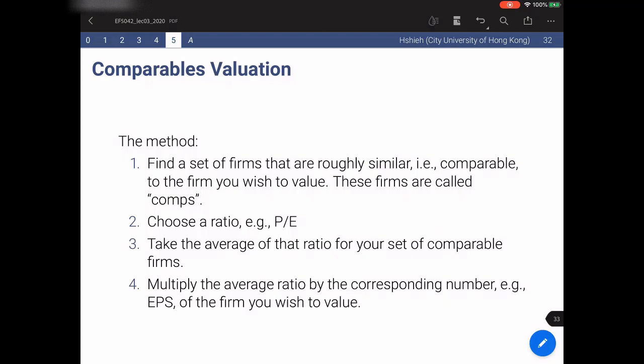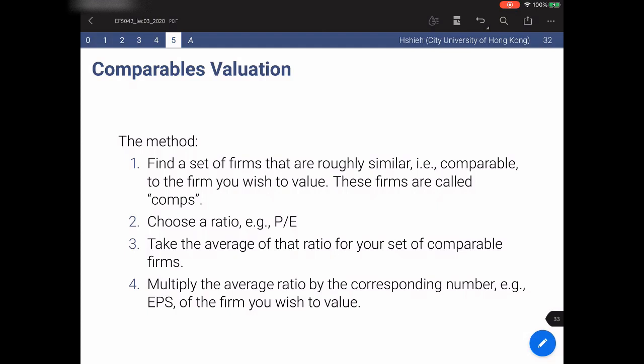People usually call this set of firms comps. For example, if you're evaluating Microsoft, a comp would probably be Apple, because they make software, hardware, consumer electronics. Any other hardware making company could also be considered a comp.